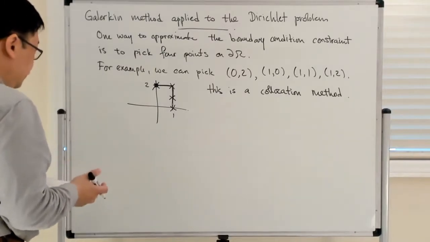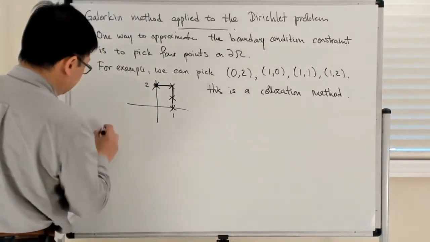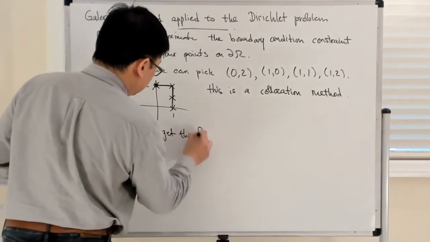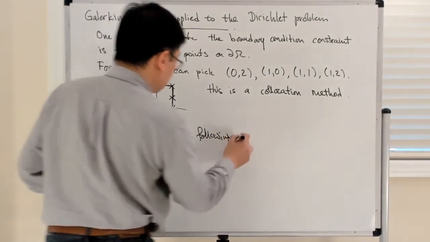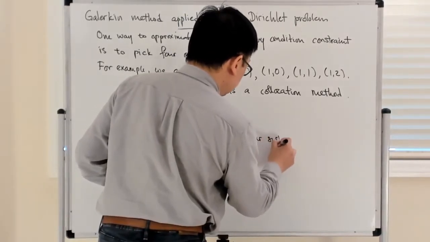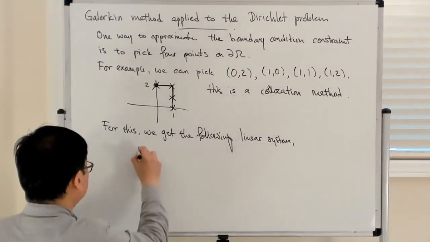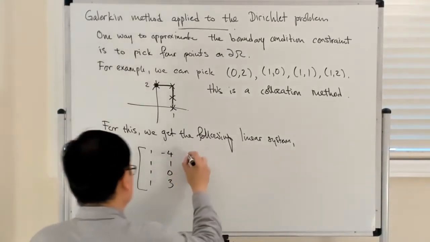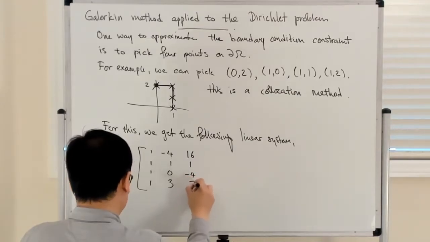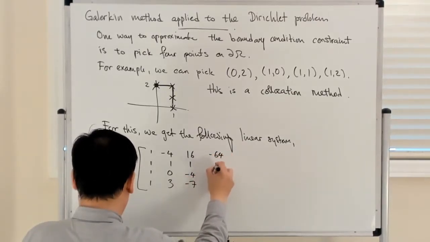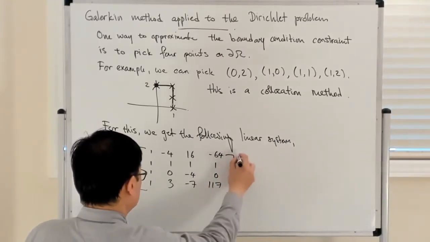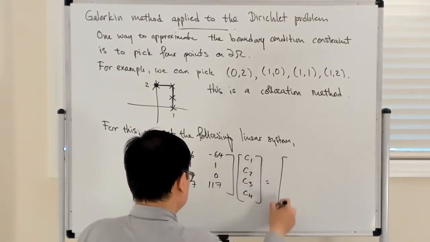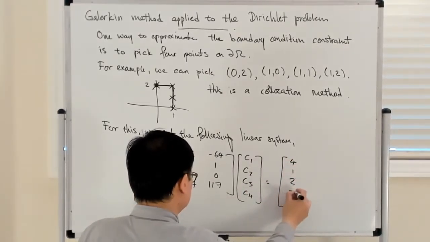Anyway, if you do this, you get the following linear system of equations, acting on c1, c2, c3, and c4, equal to this right-hand side, which is 4, 1, 2, and 5.